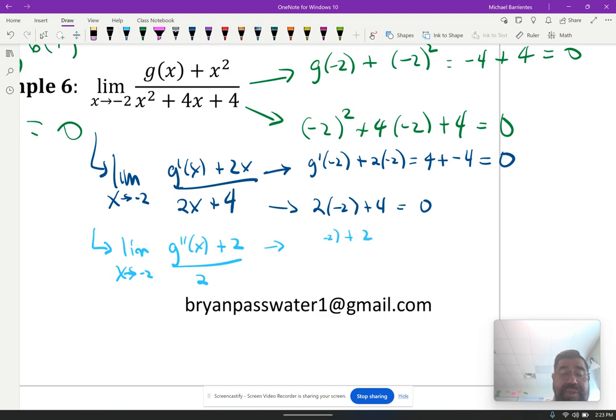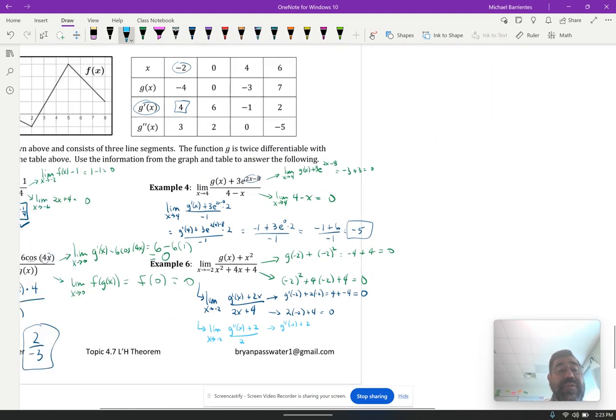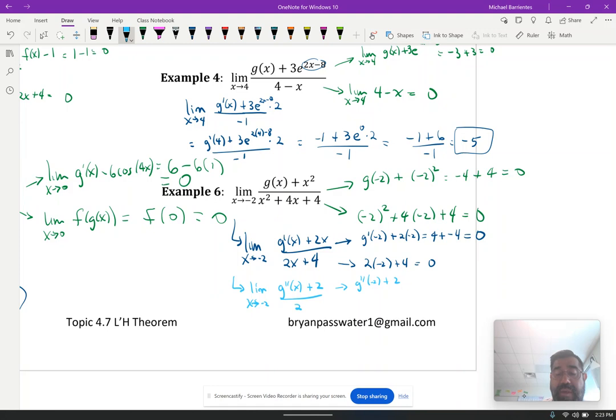Let's see, what is g double prime at negative 2? We took the derivative of the derivative, so g double prime at negative 2 is 3. Plus 2, that's 5, right? There's a plus 2, that was the derivative of 2x. Oh, and then the denominator is just divided by 2.